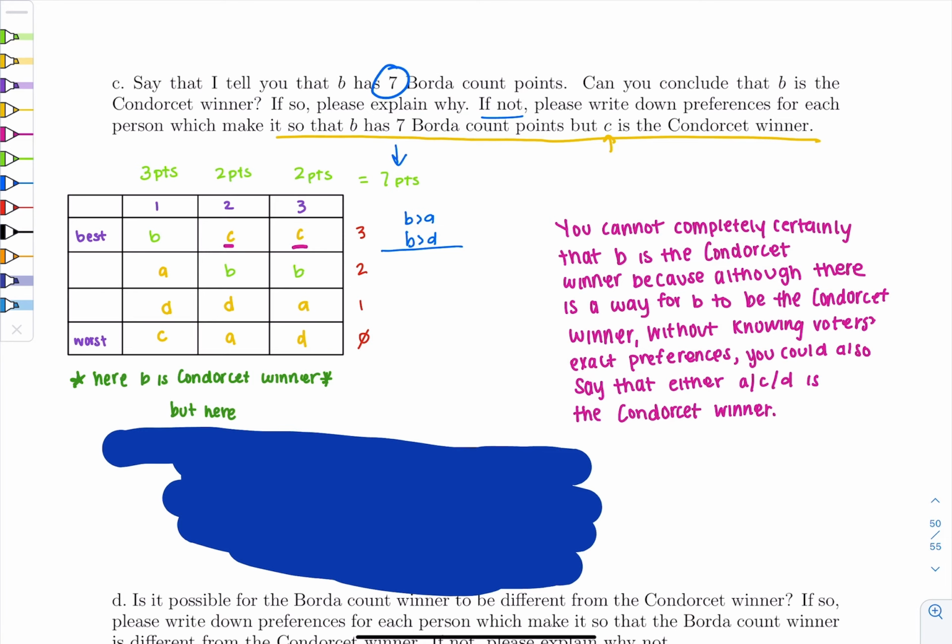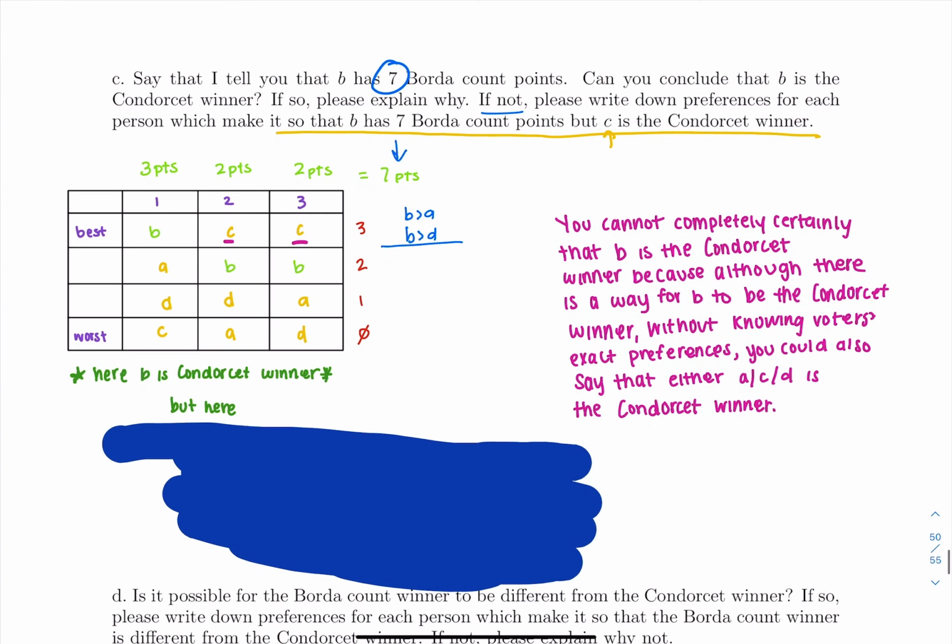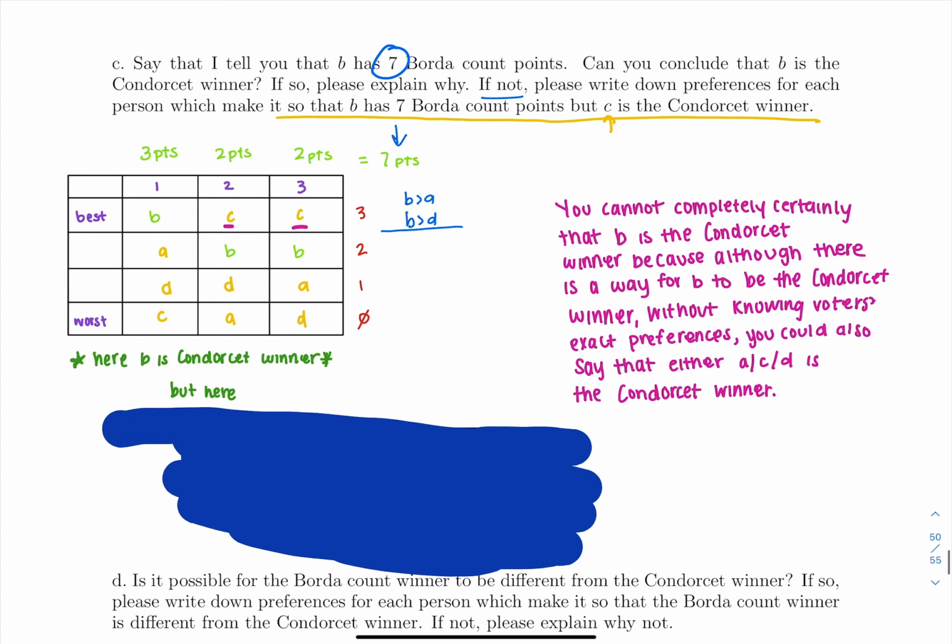So while there is a possibility that B is the Condorcet winner, we cannot conclude for certain that B is always the Condorcet winner. Without knowing voters' exact preferences, you could also say that either A, C, or D are the Condorcet winners.